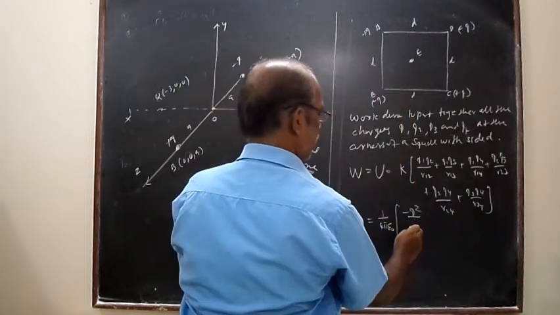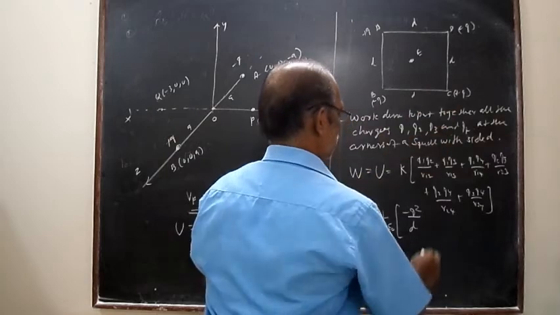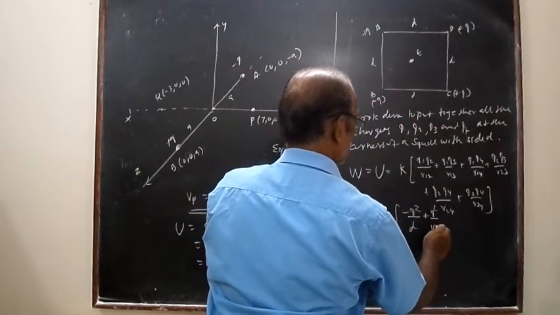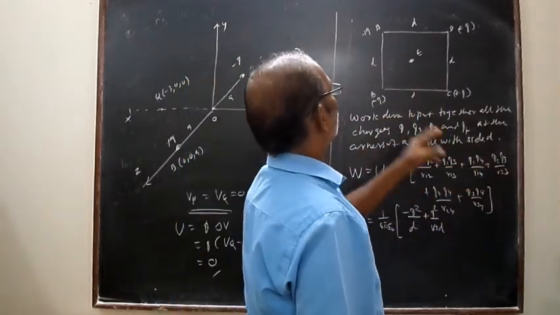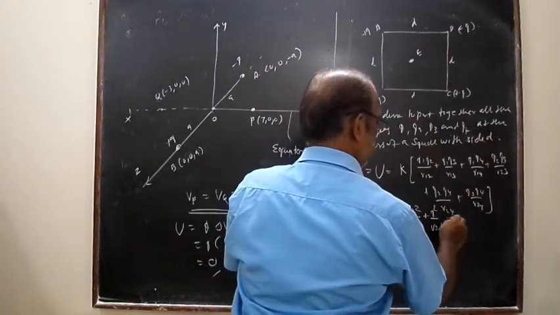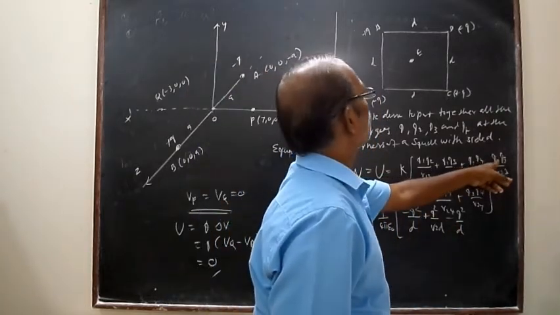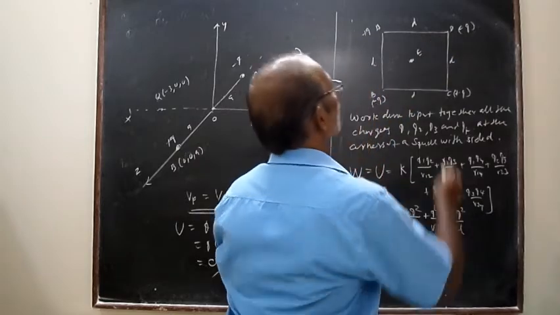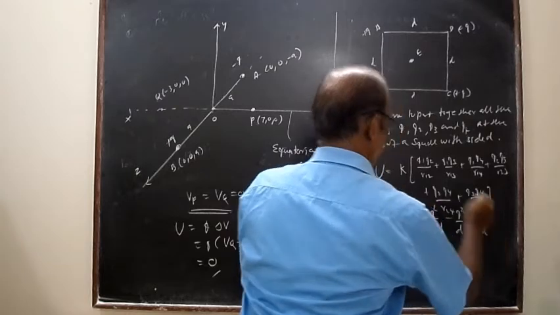by the separation D; Q1 Q3 is plus Q square by the separation root of 2D, the diagonal; Q1 Q4 is minus Q square by D; and Q2 Q4 is plus Q square by root of 2D.